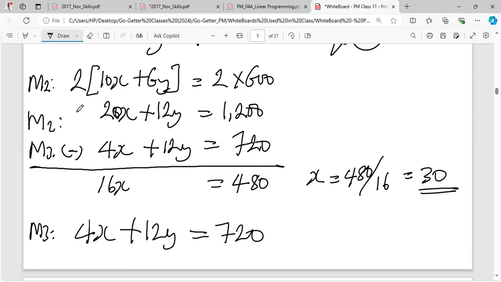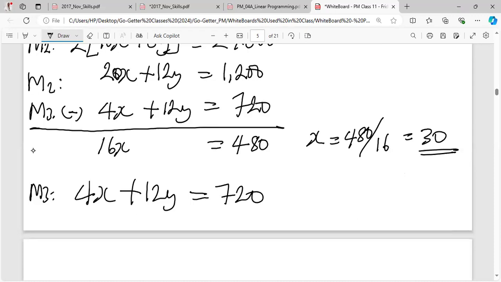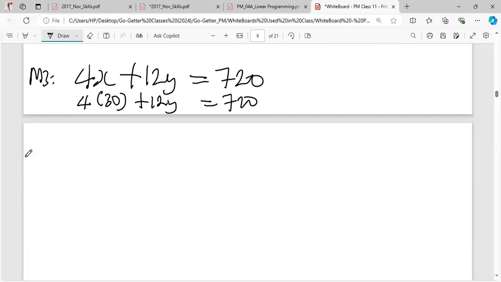Now we have found x. Let's put the value of x. So this will be 4 multiplied by 30 plus 12y is 720. So 4 times 30, 4 times 3 is 12, so that will give me 120 here plus 12y.